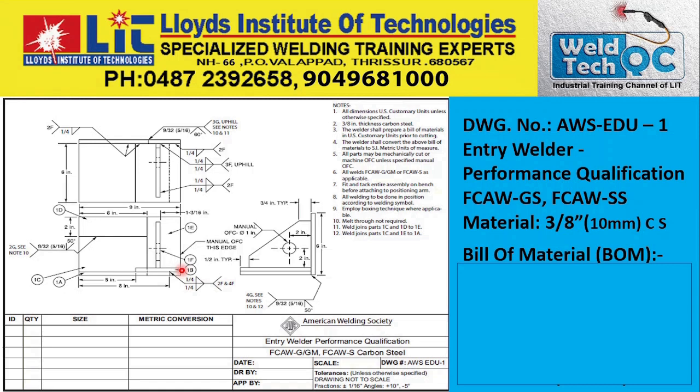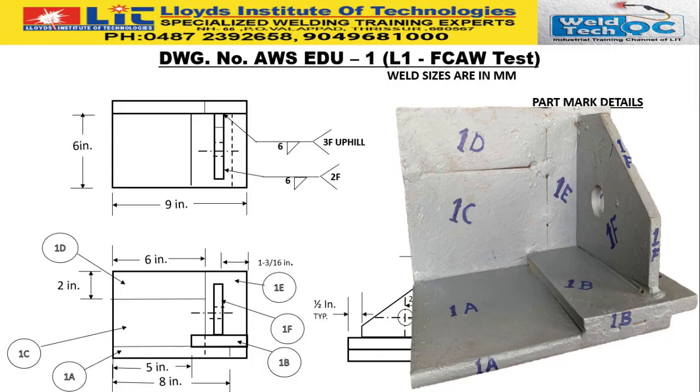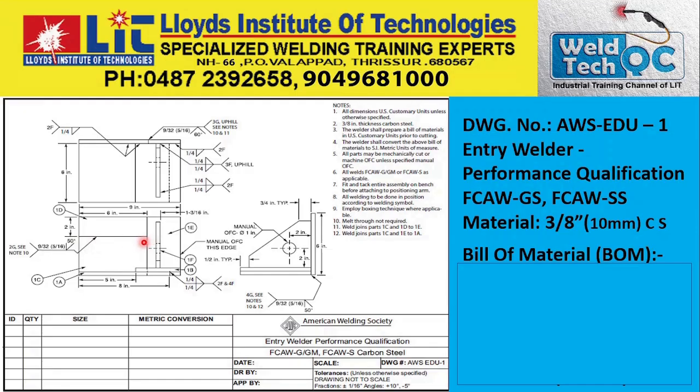Now let us go to 1C. 1C is this one. To get that idea, from here to here this width is available. Here it is given as 6 inches.